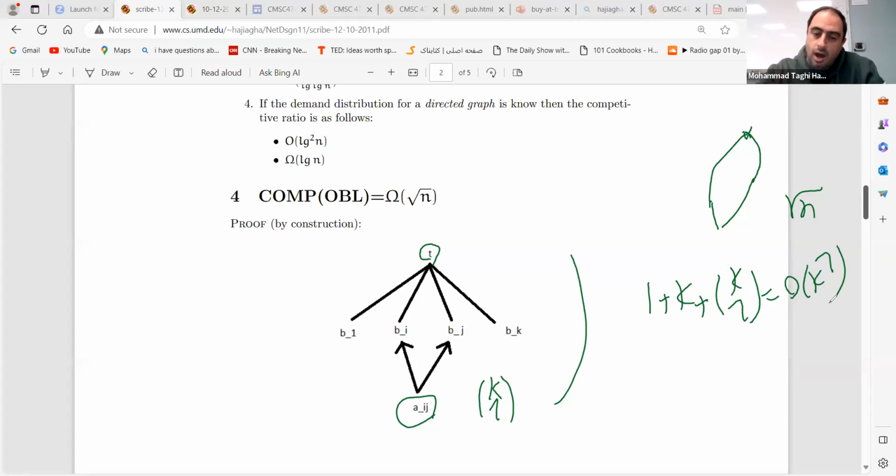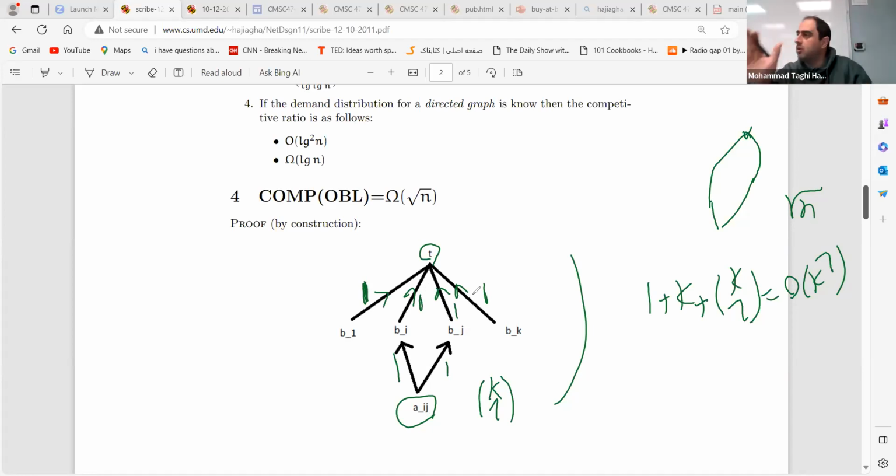Now, each of these Aijs is only connected to Bi and to Bj. These are the pairs that are connected. Say this is the directed graph that we have, and everyone is going to the root. All the capacities are 1 as well, because we need to talk about capacities since we want to talk about congestion.